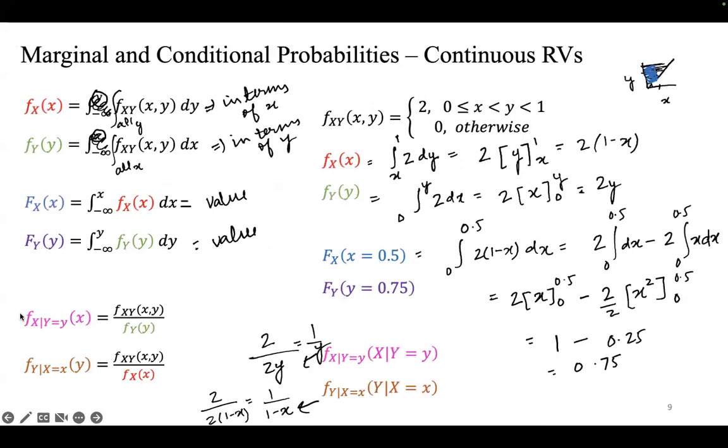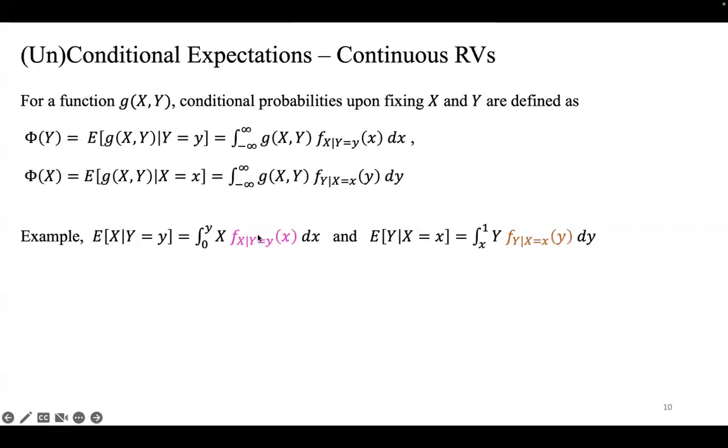So it's easier to remember that you need to use the respective conditional probability and multiply it by x. Because it is in terms of x, everything is in terms of x, you're going to integrate x for the ranges 0 until the particular value of y that you are talking about, whatever value of y was fixed. Okay.